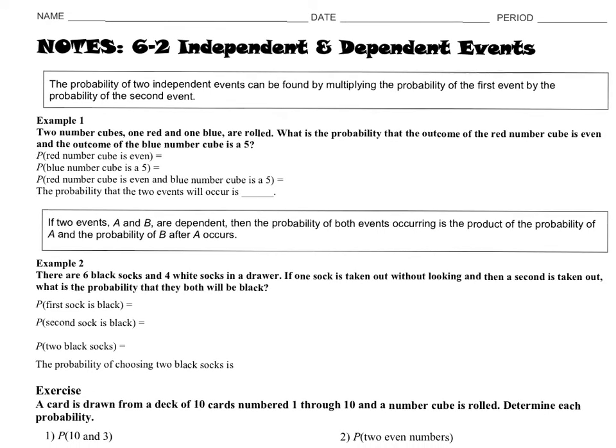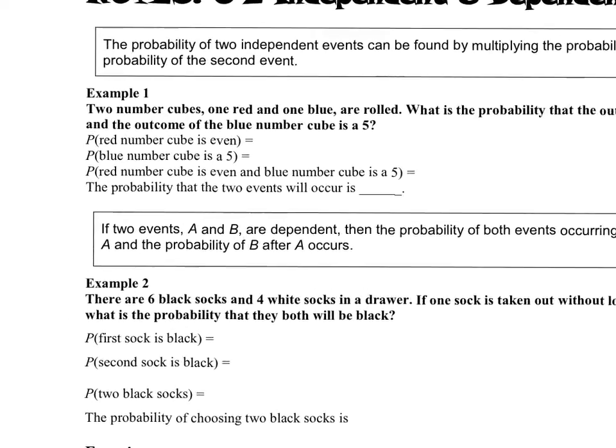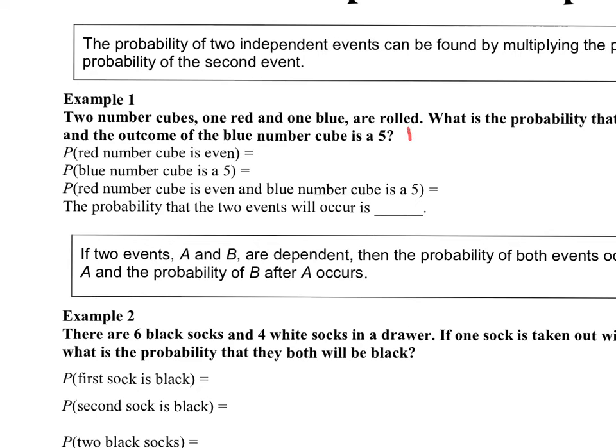So let's break that down just a little bit more. The probability of 2 independent events can be found by multiplying the probability of the first event by the second event. If we have 2 number cubes, 1 red and 1 blue, what is the probability that the outcome of the red number cube is even and the blue number cube is 5? So, probability of the red number cube being even.